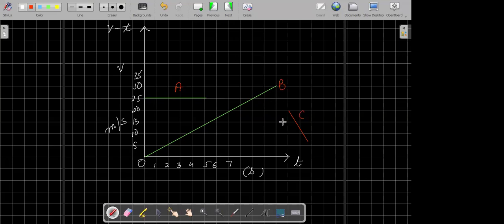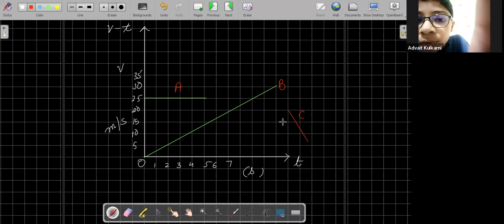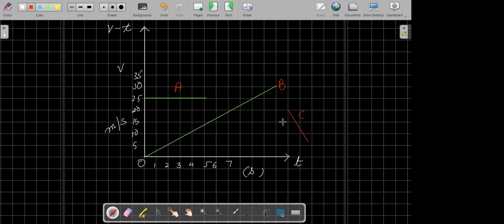So what does graph A indicate? Uniform acceleration? Where is the acceleration then? Uniform velocity. How uniform velocity?